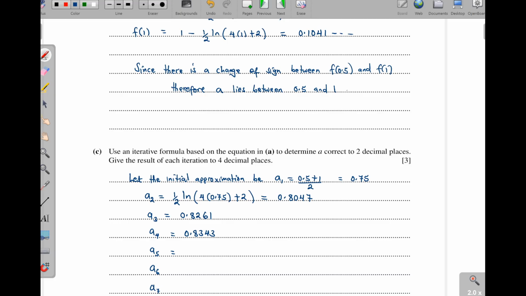Now, when you look at this, they said we are giving our answer to 2 decimal places. So this will be 0.83, this is 0.83, okay? Then that means maybe this is the minimum number of iterations I can do, because this one is giving me 2 values that are giving the same degree of accuracy.